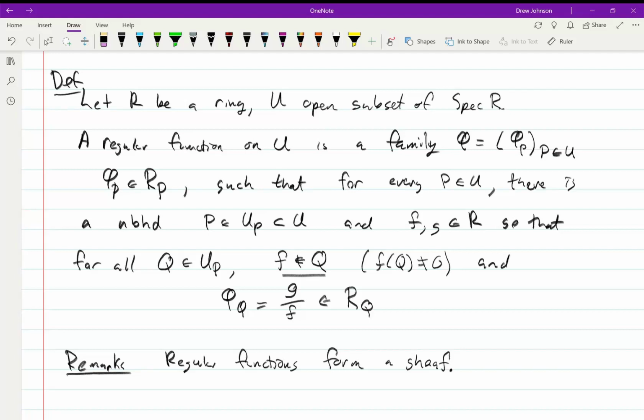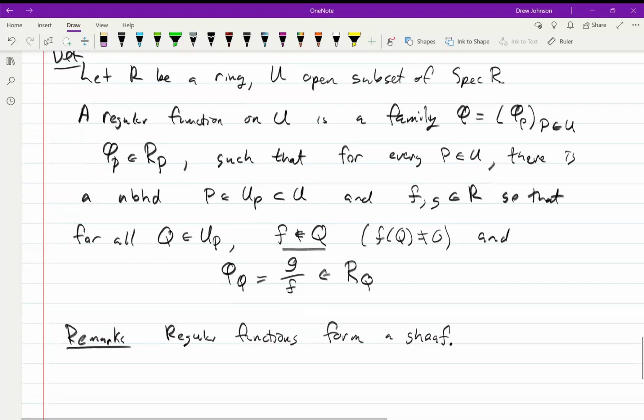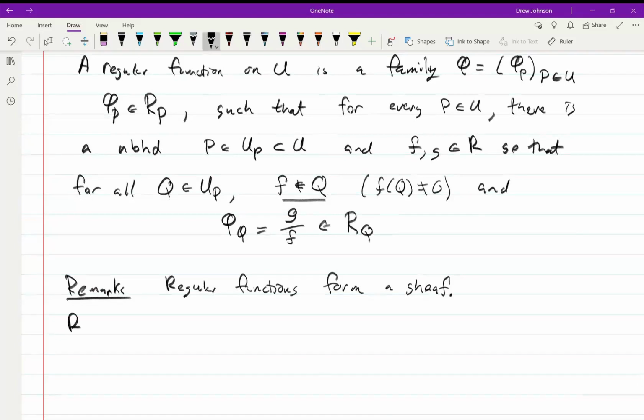So far, most of the sheaves we've seen have been actual functions on your topological space. But in this case, they're not honest functions because their values lie in different fields at different points. Here's another remark. The value of a regular function at a point is well defined, right?